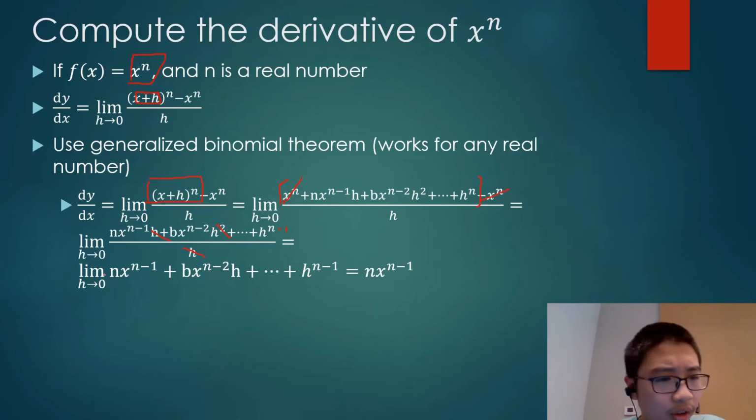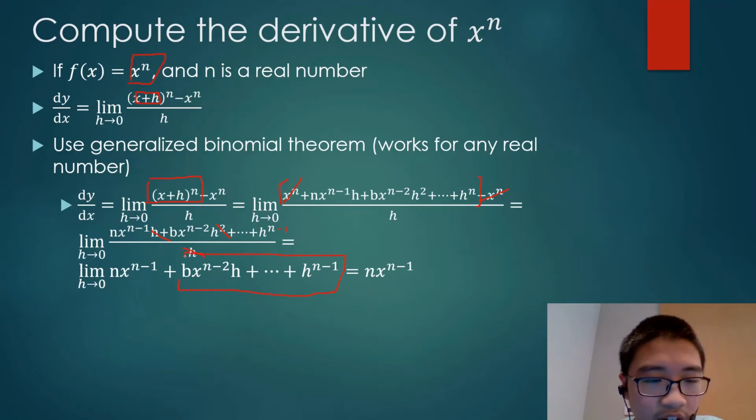So the derivative becomes the limit as h approaches 0 of n times x to the n minus 1th power, plus b times x to the n minus 2th power times h, and so on, plus h to the n minus 1th power.